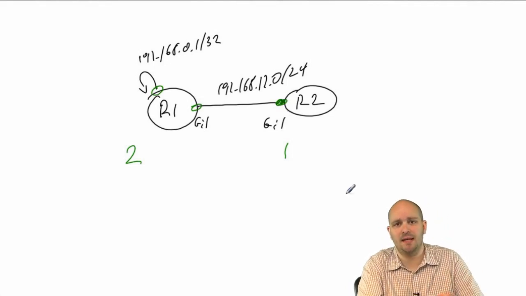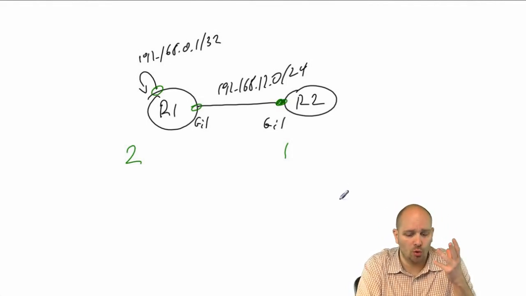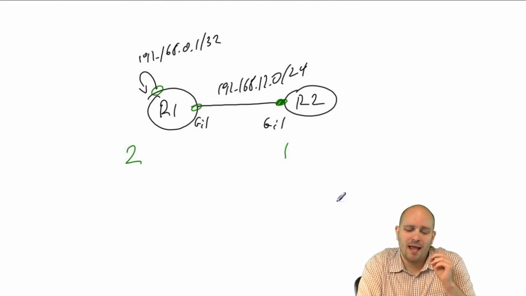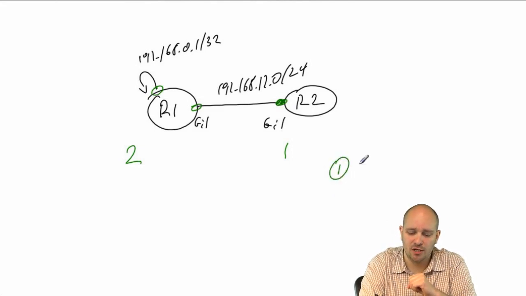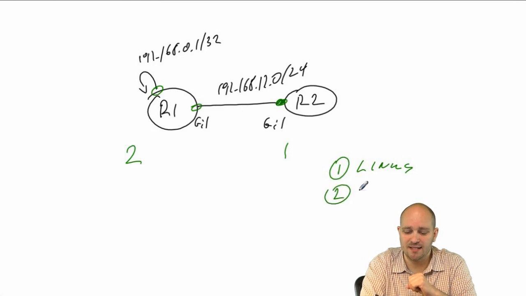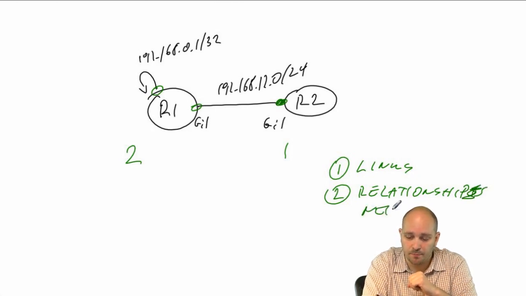So how can it be that I'm seeing 2 links in the database? Well, remember what is the content of type 1 LSA. The first information is about the router links, and the second is about relationships. In other words, the neighbors.